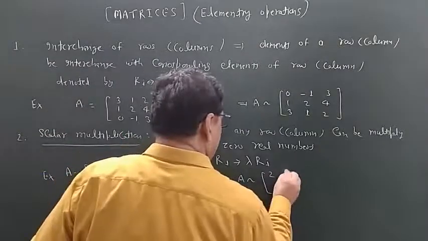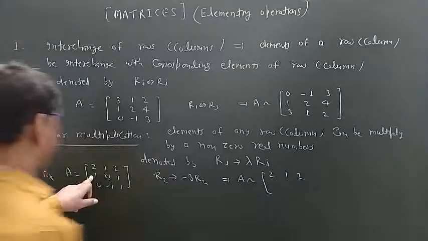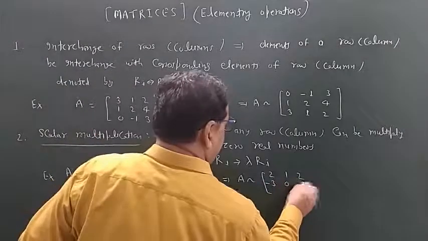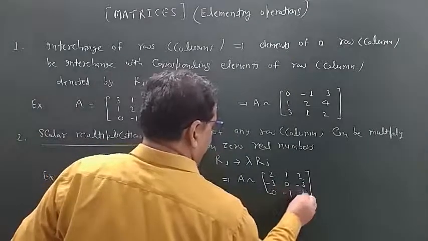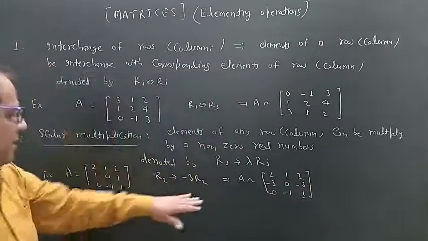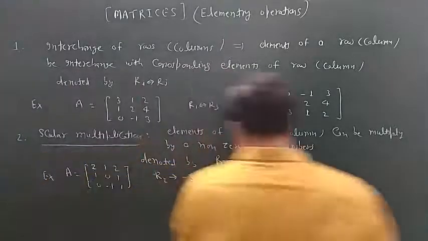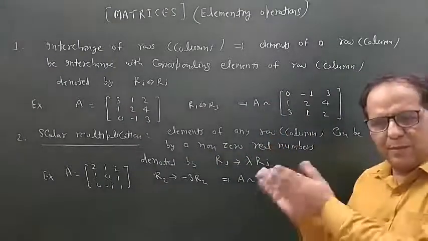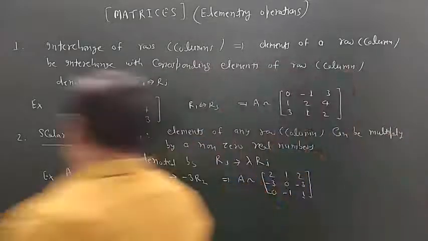There is no change because we are multiplying only the second row by minus 3. This becomes minus 3, 0, minus 3. 0, minus 1, 1. There is no change in the first and third rows. And this also can be applied with the columns. I am taking the row, but this can be used for columns also.